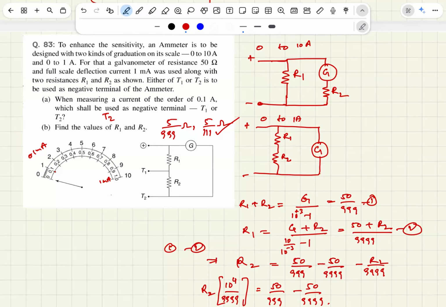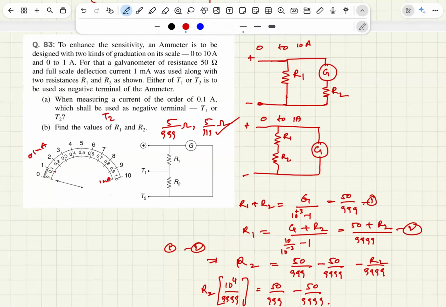Either of T1 or T2 is to be used as a negative terminal for the ammeter. When measuring a current of the order of 0.1 ampere, which shall be used as a negative terminal? Please try to understand.